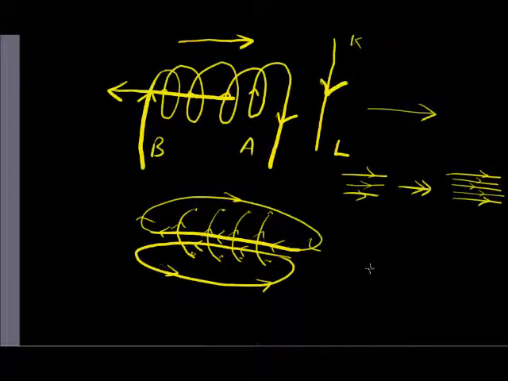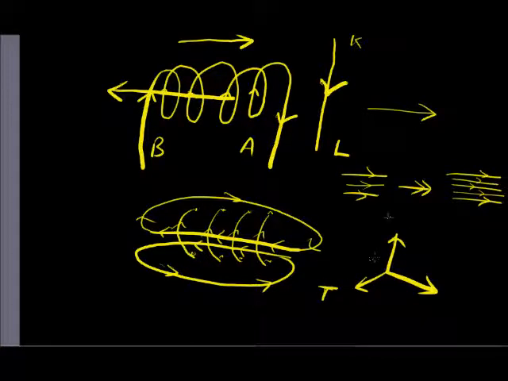To use the rule, first we have to position our fingers in this kind of configuration, where our thumb, our first finger, and our second finger form a cube configuration, pointing in directions orthogonal to one another.